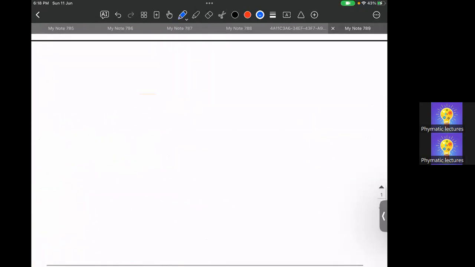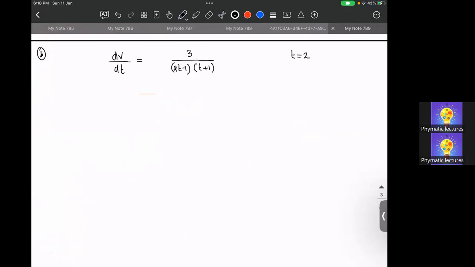So the derivative is given as dV over dt, which is 3 divided by (2t minus 1)(t plus 1). Now our aim is to find an expression for volume. There is also one condition given. What is that? When t is 2 hours, the volume is 3. We will keep this aside.